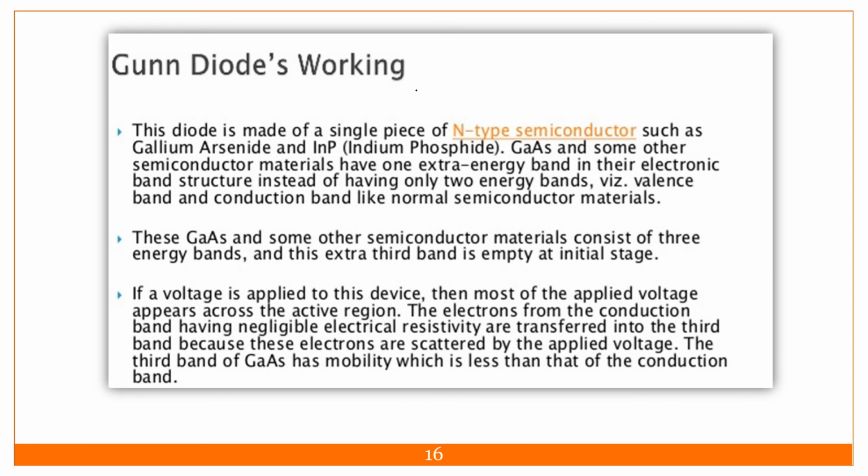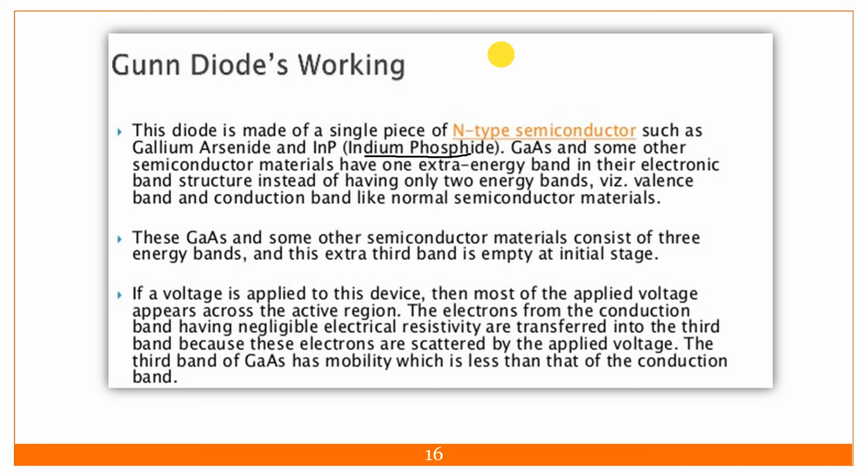The Gunn diode working. This diode is made up of a single piece of n-type material that we have discussed. In the previous slide I showed you n-type semiconductors such as gallium arsenide or indium phosphide. Indium phosphide is also there. Can you tell me where we are using indium phosphide?